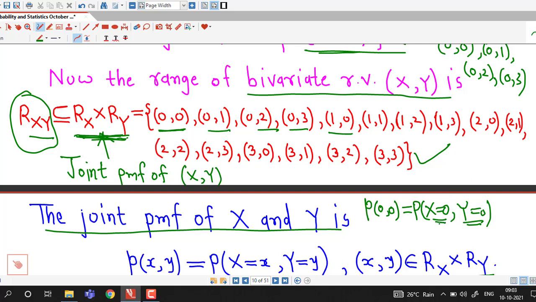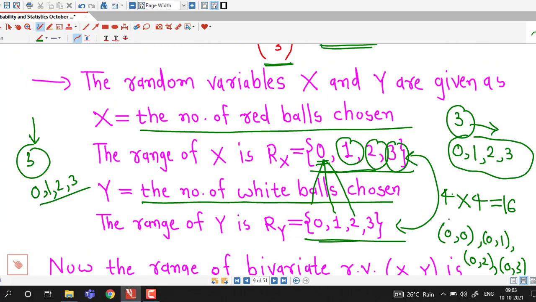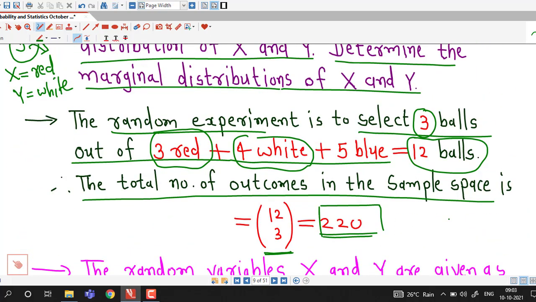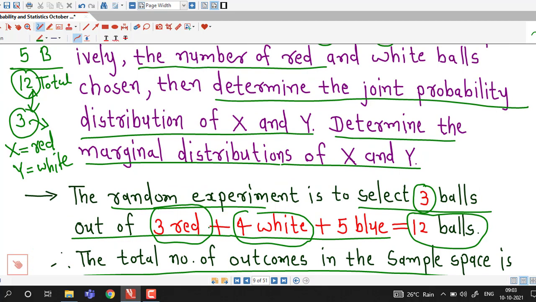So here this event corresponds to the event that there is no red ball and no white ball out of the 3 selected balls. So all the 3 balls selected must be out of the 5 blue balls.